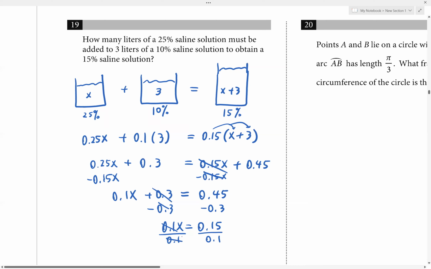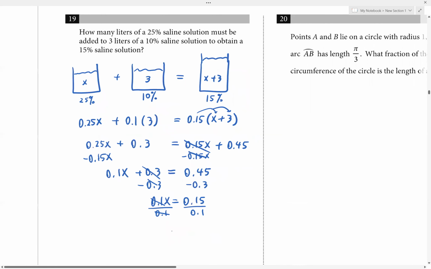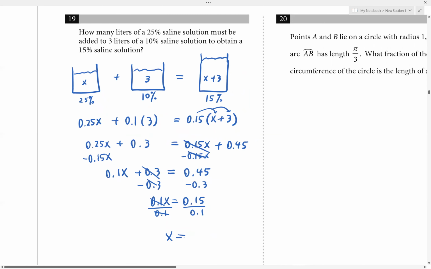So 0.15 divided by 0.1. What we can do is move the decimal point over 2 times on the top, so it'll be 15, and move it over to the right 2 times on the bottom, so it'll be 10. So 0.15 over 0.1 is the same as 15 over 10.